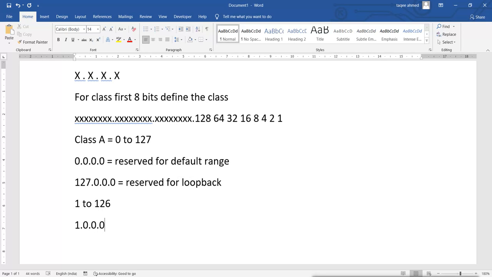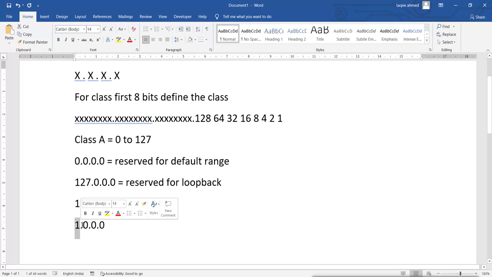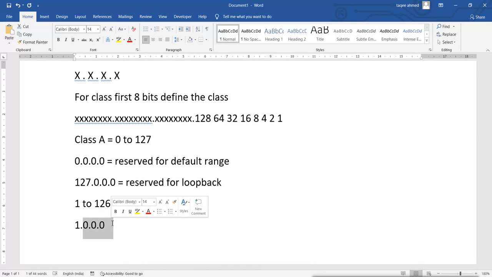Now one more thing here in IP addresses. If you have the host part as 0, remember it's a class A, so this first part is the network part and the rest is the host part. If all the host part bits are 0, then that IP you cannot use.